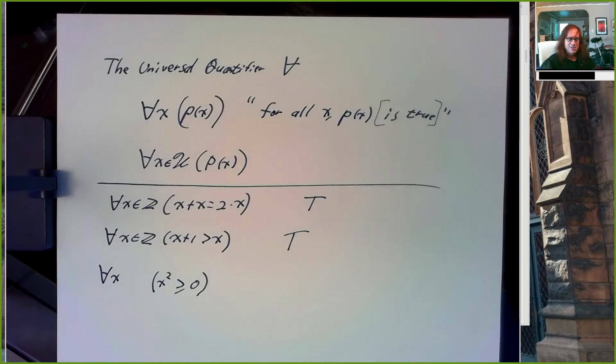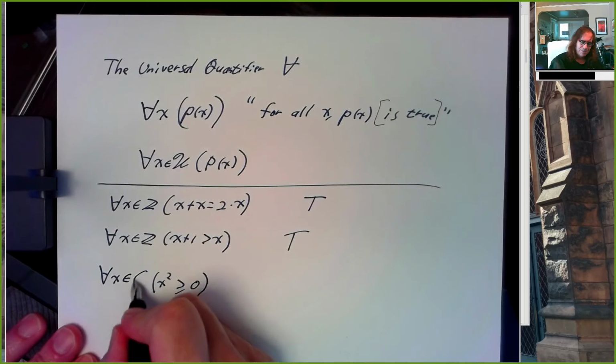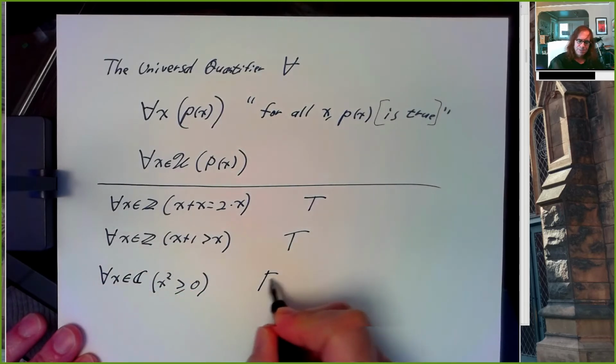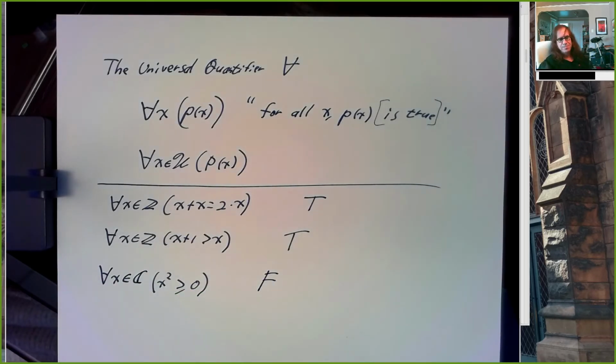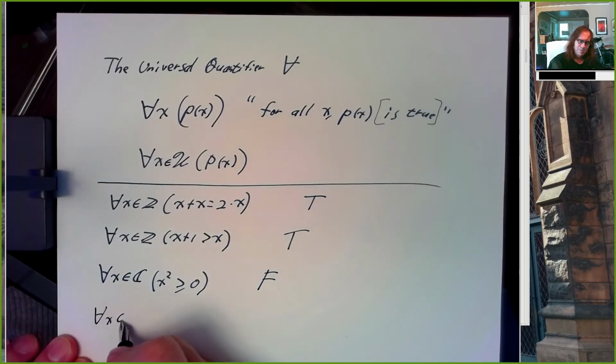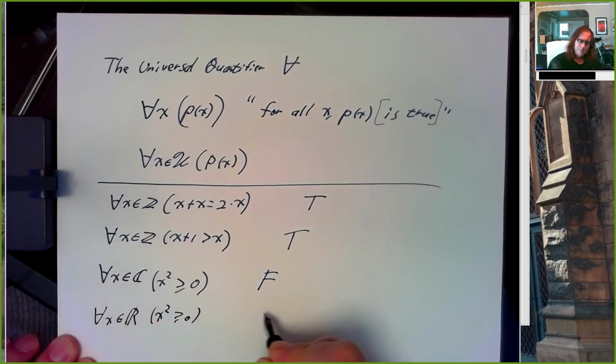Yeah, 0 squared is 0. Negative squared are always positive, right? So this is true if we're talking about integers, and it's true if we're talking about reals. But if we were talking about complex numbers, this becomes false. Because i, which is the square root of negative 1, i squared is negative 1, that's not bigger than 0. But if it's in the reals, this is true.